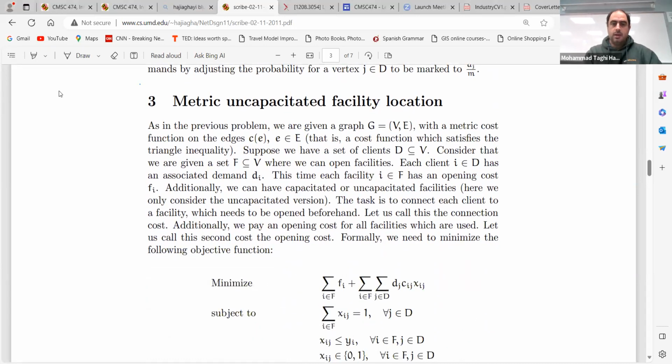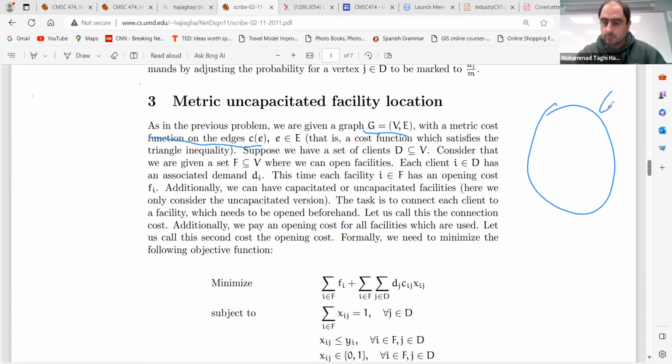So in the uncapacitated facility location, you are given a graph G and a metric cost on the edges, c(e). So you are given this graph G, and there is c(e), which is the cost of this edge.